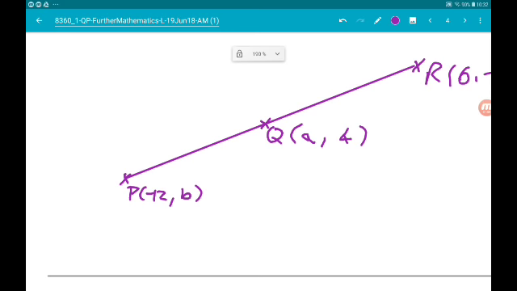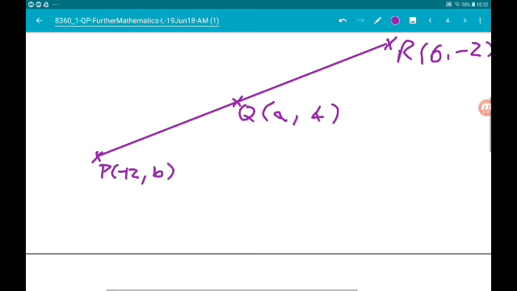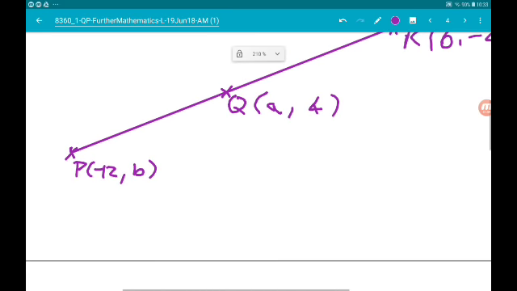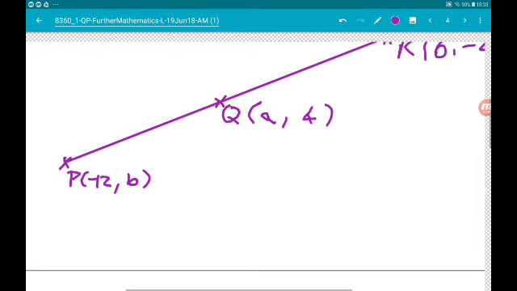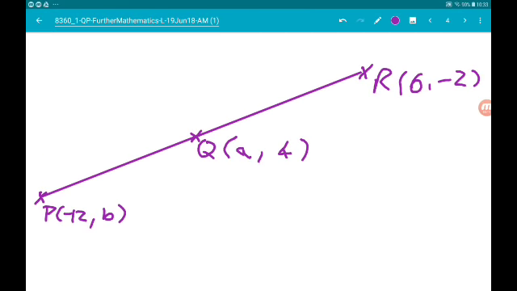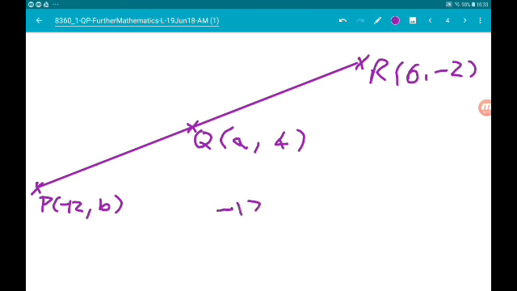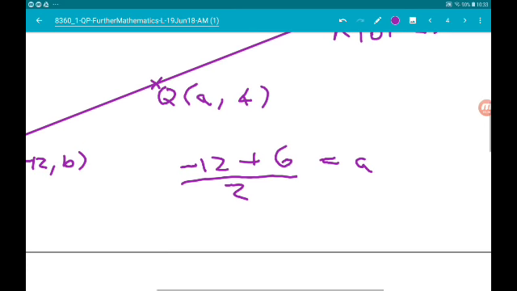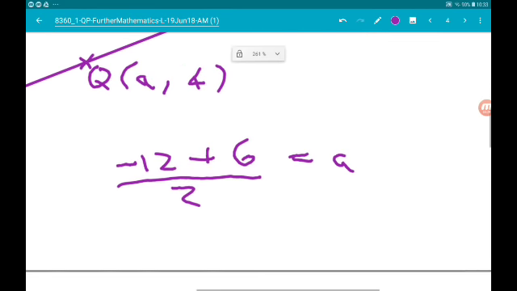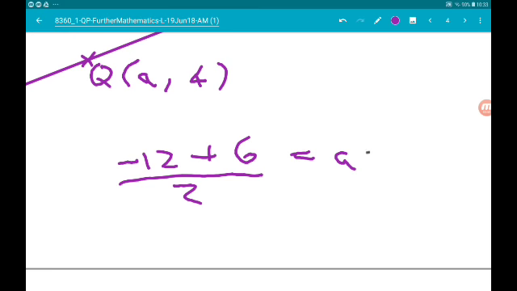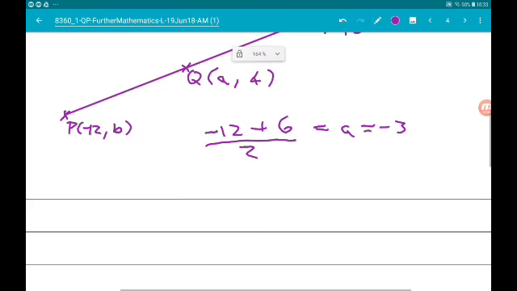So for Q, if we add the x coordinates of P and R and divide by 2, then we get a. So minus 12 add 6 over 2 is equal to a. Minus 12 add 6 is minus 6. Minus 6 divided by 2 gives us a is minus 3.